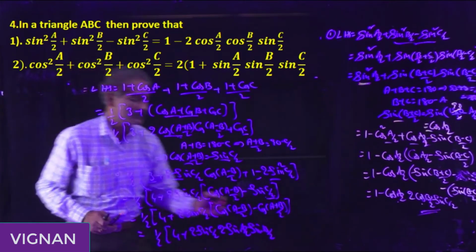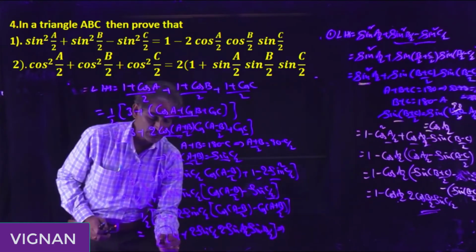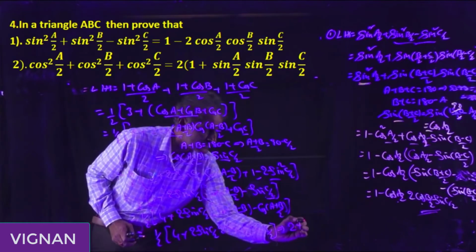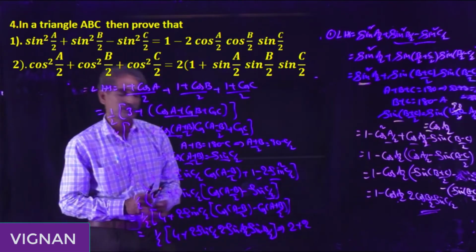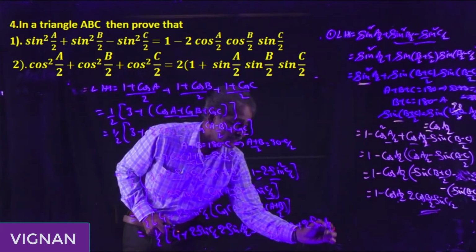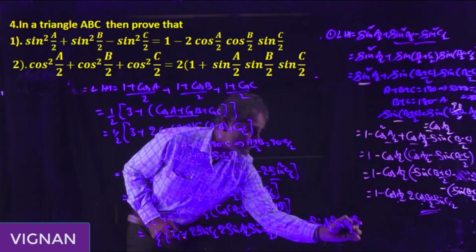This is the way. From this, just multiply by 1 by 2 will get 2 plus 2 sin a by 2 sin b by 2 sin c by 2, which matches the right side 2 sin a by 2 sin b by 2 sin c by 2.